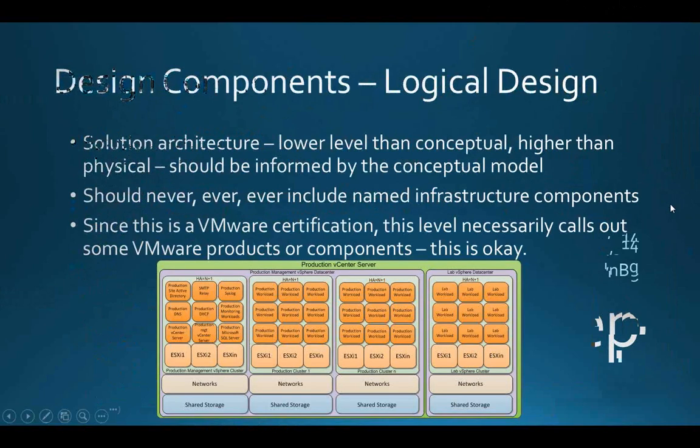So our next step is our logical design. This is the solution architecture. It's lower level than the conceptual model, higher than the physical, and should be informed by the conceptual model.